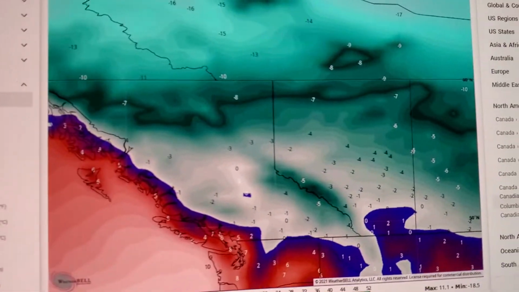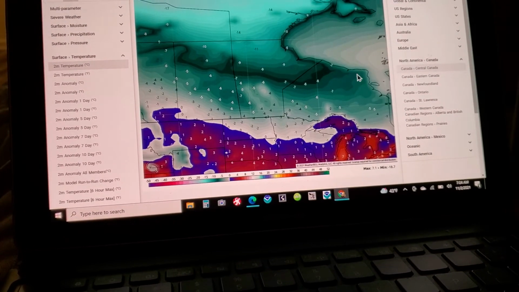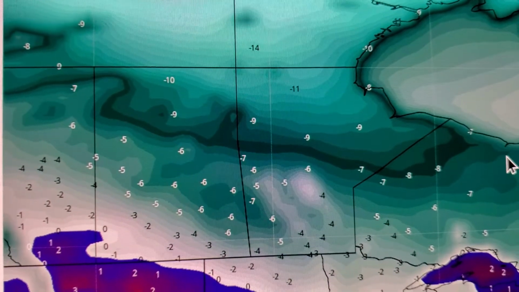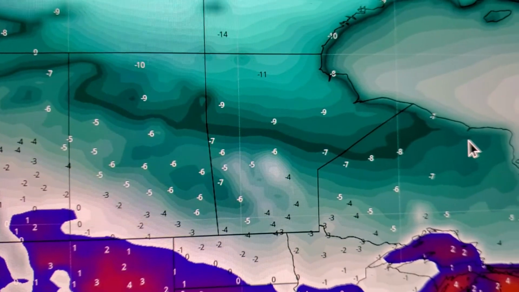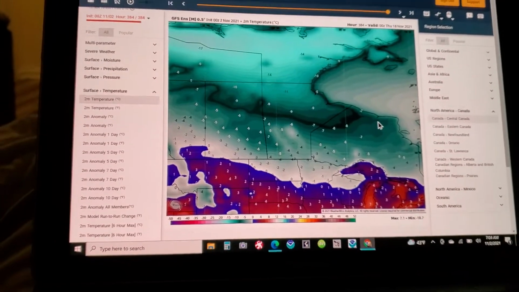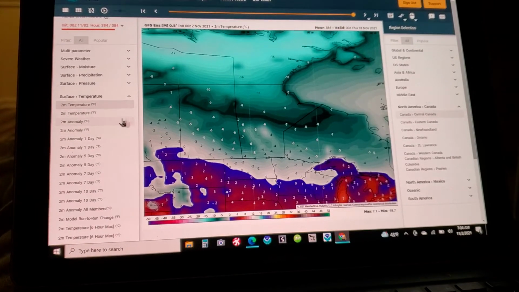I think Western Canada, single digits. Central Canada, this is November 18th. Sub-zero temps already in. And that's okay.